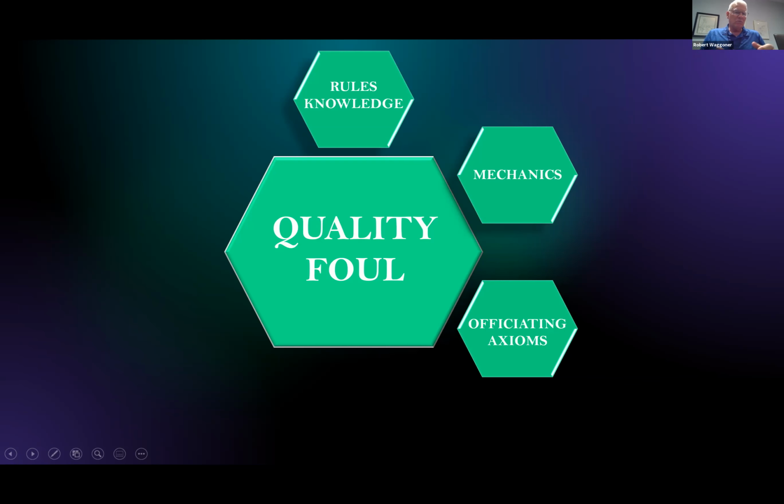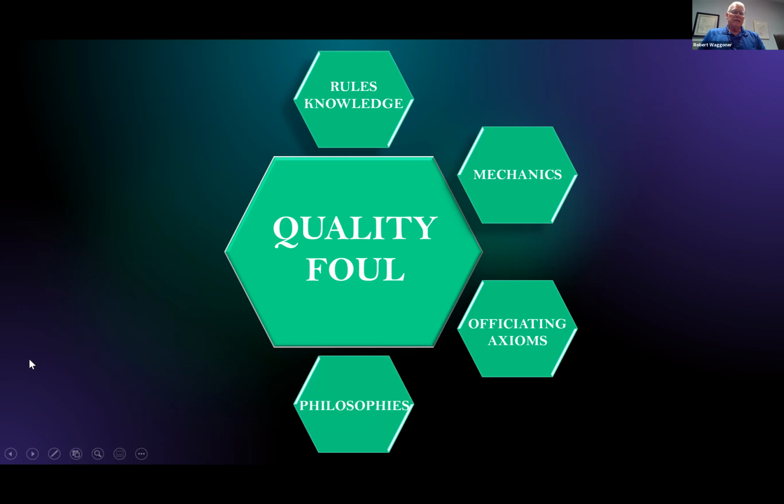I'll go into this in a little more detail in a few minutes, but if you look in your officiating manuals, you'll see a series of officiating axioms that apply to a variety of play types: fumbles, passes, kicks, and so forth. Those are things you also have to incorporate when you're making a determination of what is a quality foul.